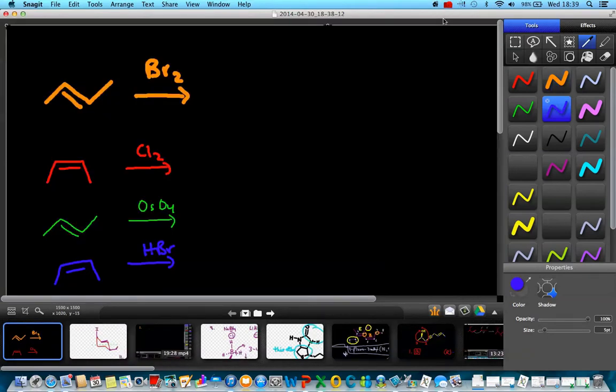So number 14 is an interesting question. We know that when we add Br2 across the double bond, we get anti-addition. One way we could render the product, of course we could also do the enantiomer, is this way.